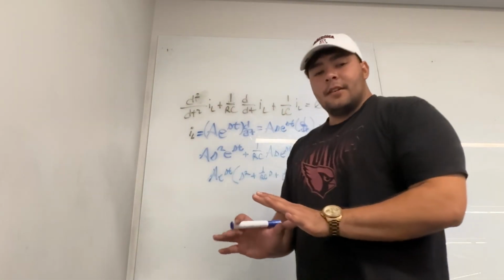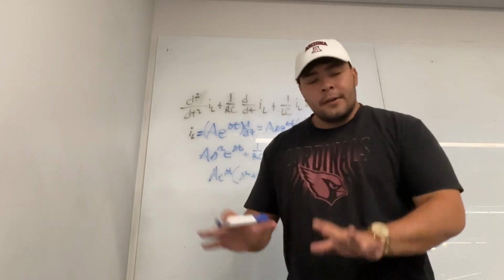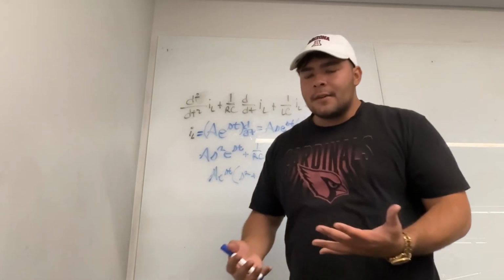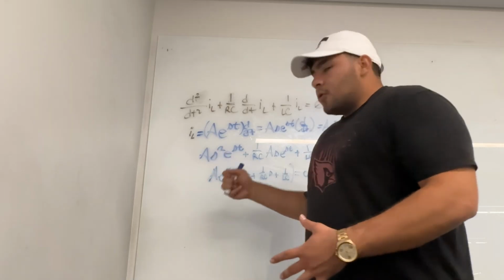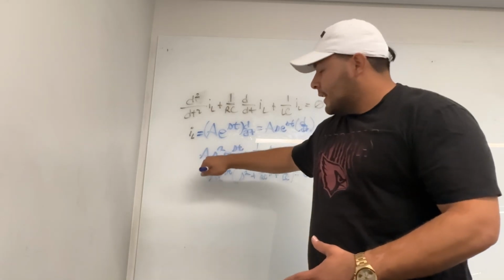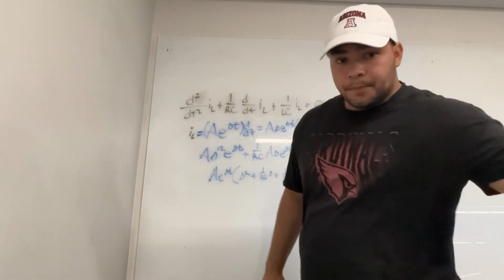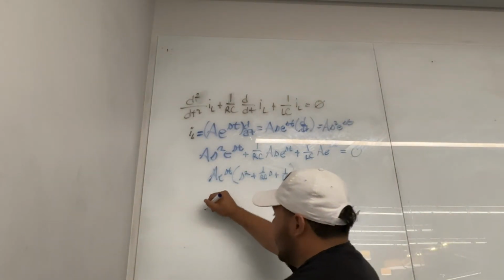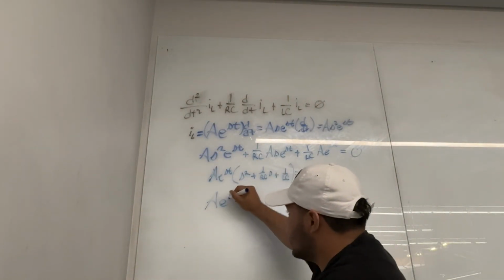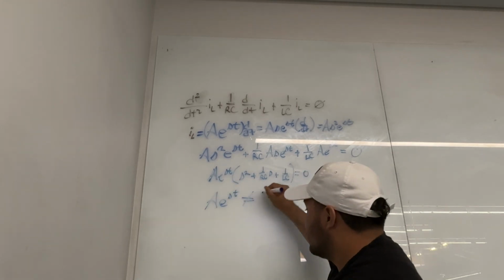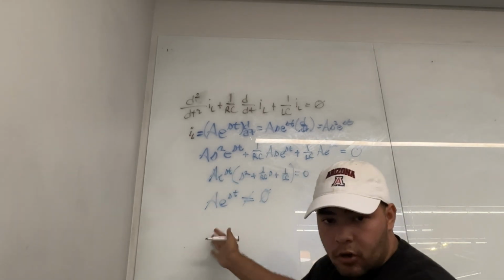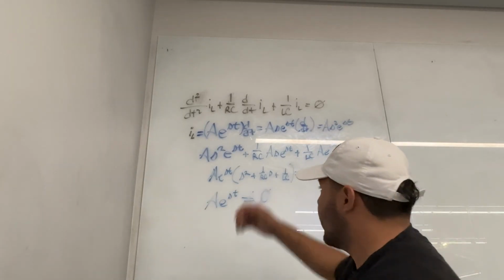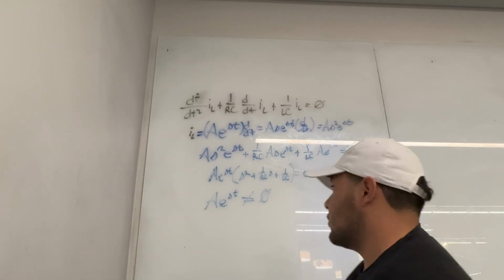My point is this. If we want a non-trivial solution, meaning we actually care about figuring out what I sub L actually is and how it behaves, we need to solve for these constants. So let's do it. We're going to say this is not equal to 0. And if that's not equal to 0, then that means our polynomial characteristic equation is going to be equal to 0.